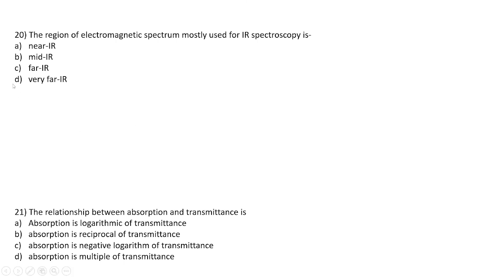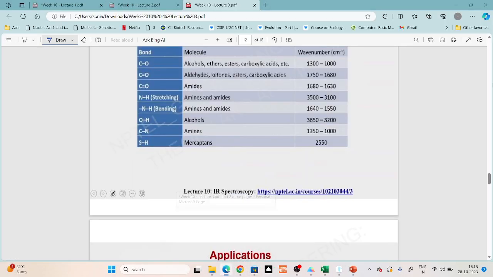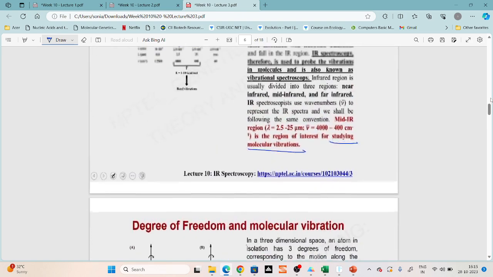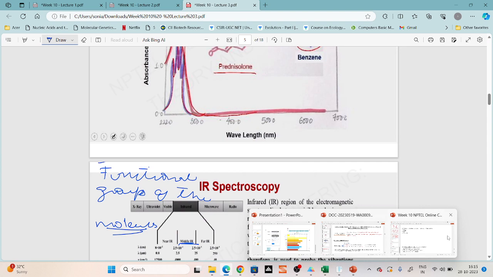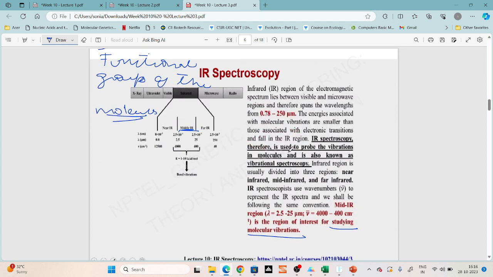So, we just see quickly. Here we have studied about that. This infrared region is actually divided into near infrared, middle infrared, and far infrared. But amongst the three, it is the mid infrared region which is the region of interest for studying the molecular vibrations.